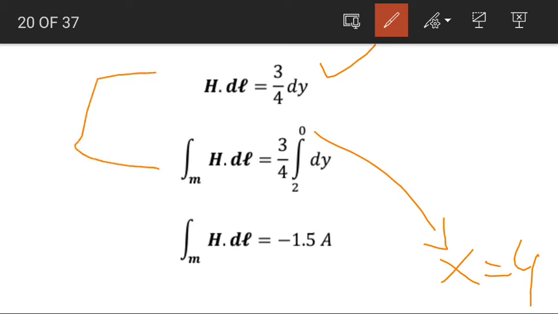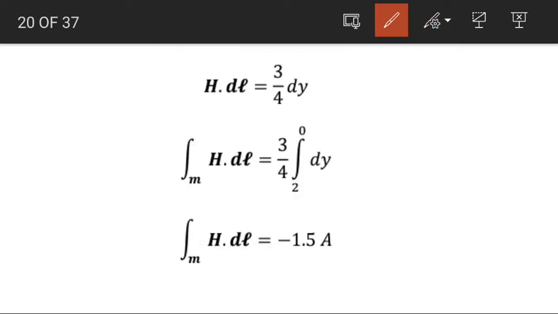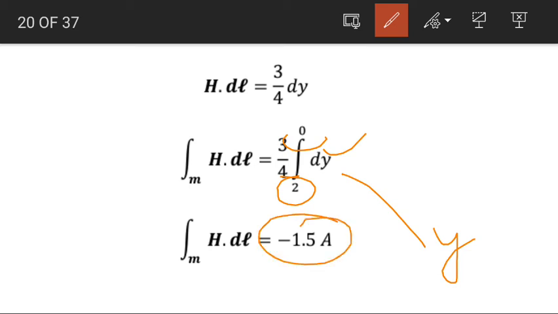We integrate this H dot dl along this path M, where 3 by 4 is constant, and we integrate dy from 2 to 0 because y is changing from 2 to 0. The integration of dy is y. If we put the limits, the integration of H dot dl along this straight path gives you minus 1.5 ampere.